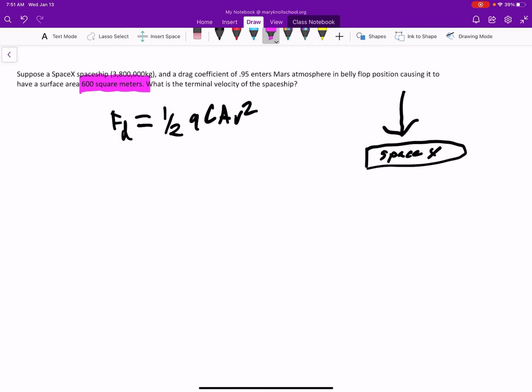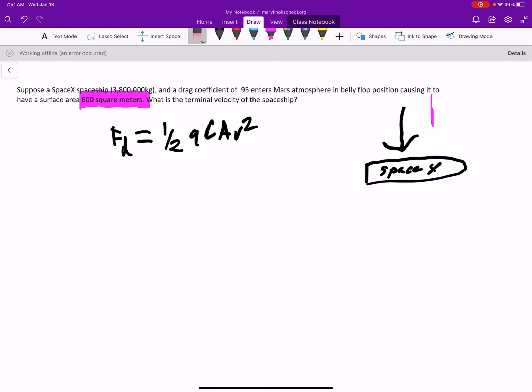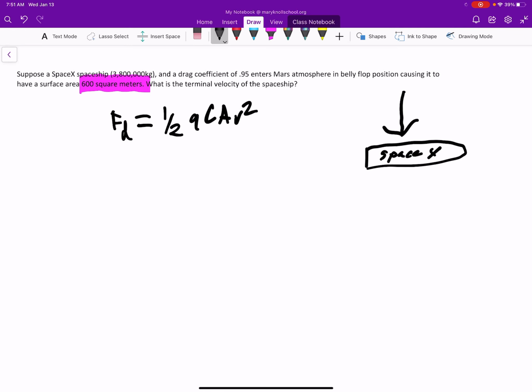So remember, to get terminal velocity, we need the force drag equation, and understand that the force of gravity, by the way, this is the force of Mars gravity now, force of gravity is equal to the force drag. So what is the force of gravity for this 3,800,000 kilogram rocket ship?